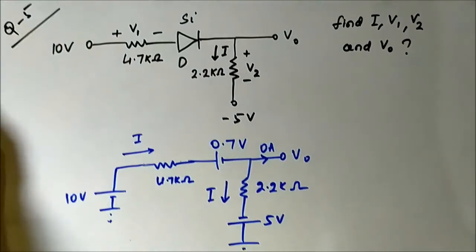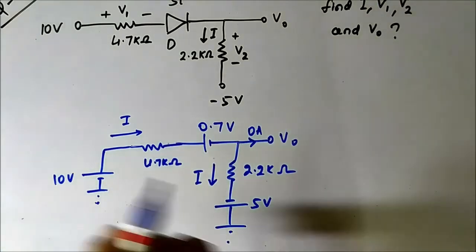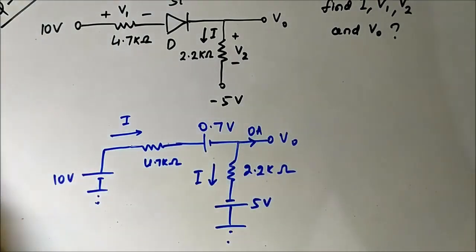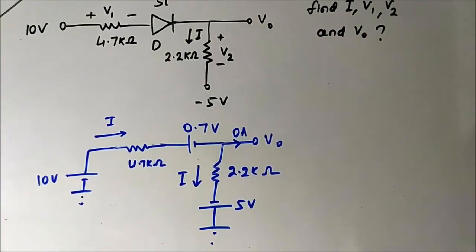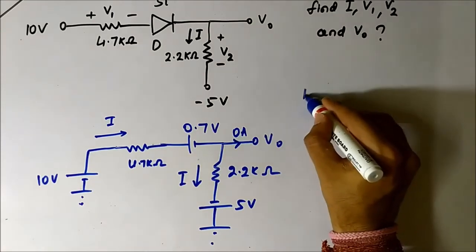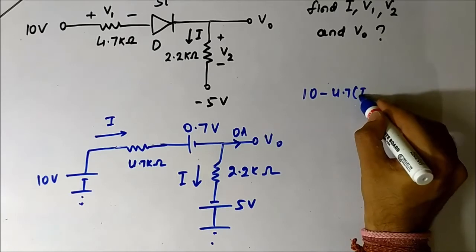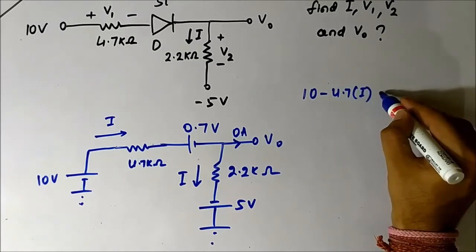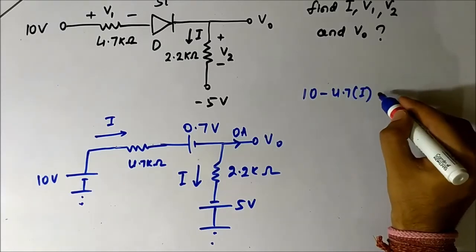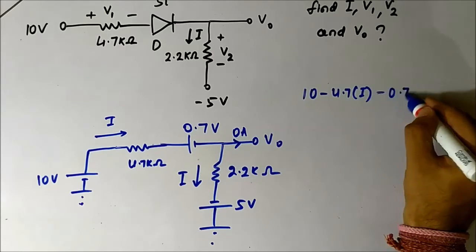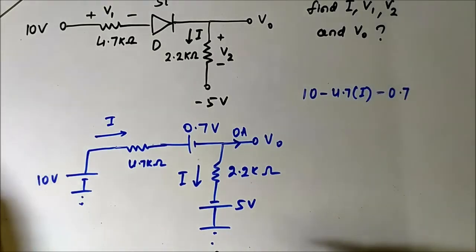Okay. So everything is set. Now we will put KVL in this circuit. It is 10 minus 4.7 into I, minus 0.7. Okay.